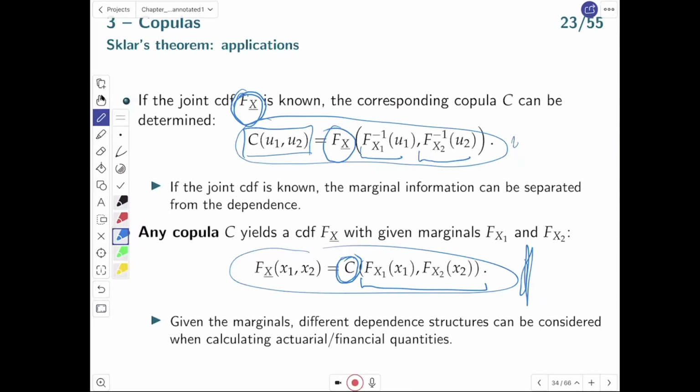The problem is that I cannot compare directly the multivariate t with the multivariate normal by using only dependence information, because if I switch from multivariate normal to multivariate t, I'm changing the marginals from normal to t. I'm changing the dependence structure, right? So if I see that they are different, I don't know what effects are caused by the marginal information and what things are caused by the dependence information, right?